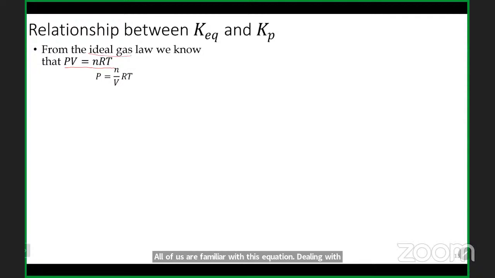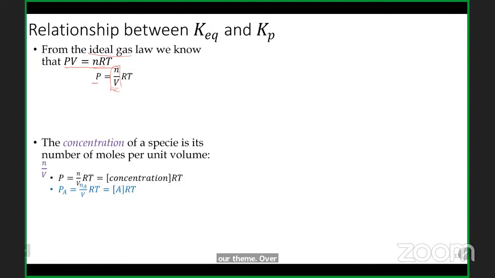Ideal gases are gases that behave in a certain way under certain conditions, and we call them ideal gases because of how we have defined them. So we recall that our pressure can be given in this form: if we make pressure the subject of the formula, P equals nRT over V.